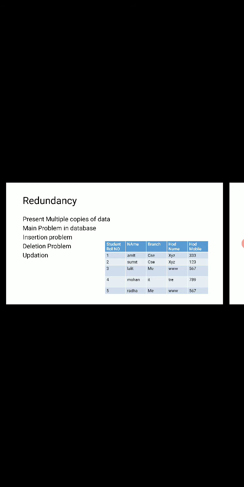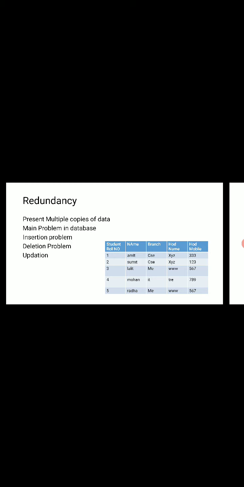For example, if you delete record number 4, student roll number 4, name Mohan, branch IT, head name TRE, and head mobile number 789, because we have branch information also in this table, we may lose branch information along with the student record. That is the problem of deletion. If we delete record number 4, we lose the IT branch name, head name, and mobile number.